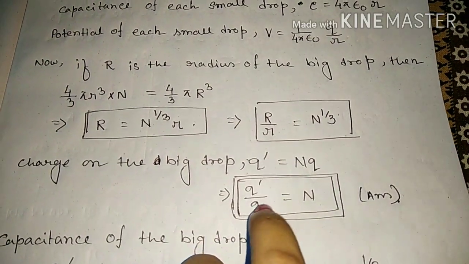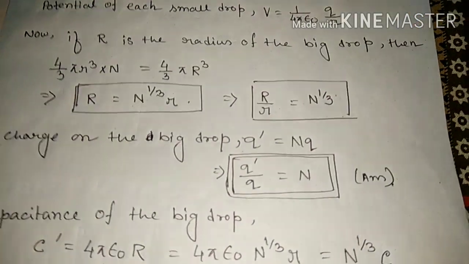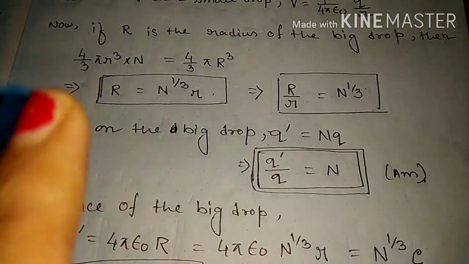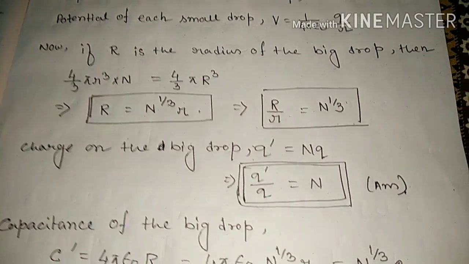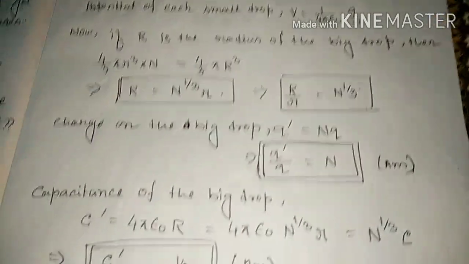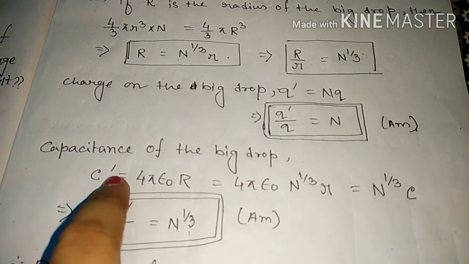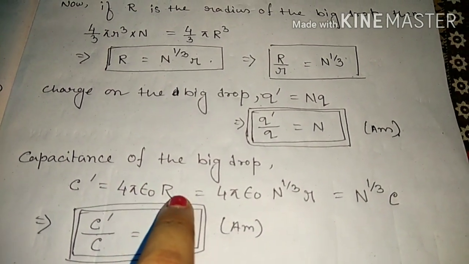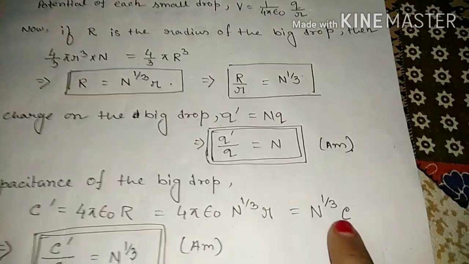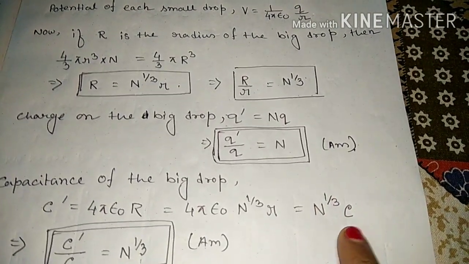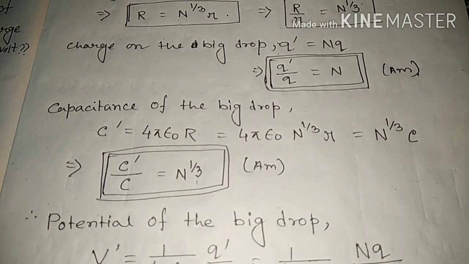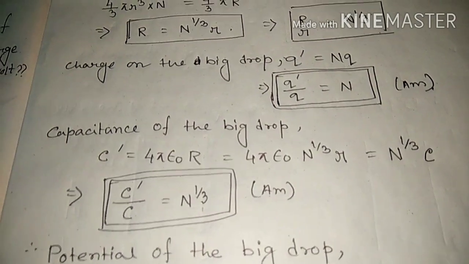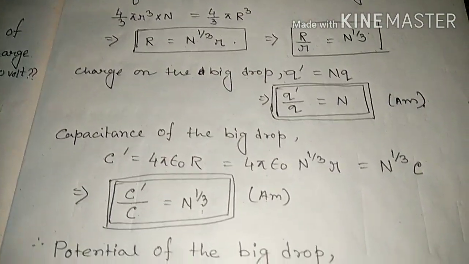So Q dash by Q equals N. If we compare the charge of the big drop to the corresponding quantity of an individual drop, we find the ratio Q dash by Q equals N. Then capacitance: for the big drop, C dash equals 4 pi epsilon naught into R. In place of R we write N to the power 1/3 into r, so we have N to the power 1/3 into C. So C dash by C equals N to the power 1/3. This is the comparison between the capacitance of the big drop and the individual drops.